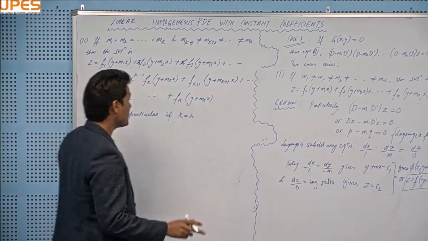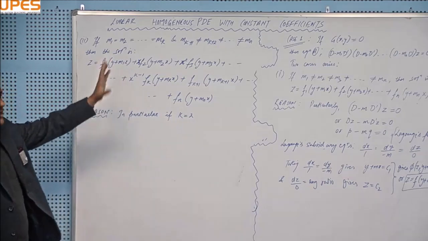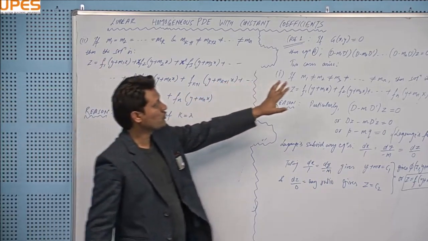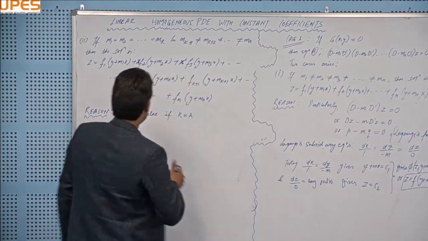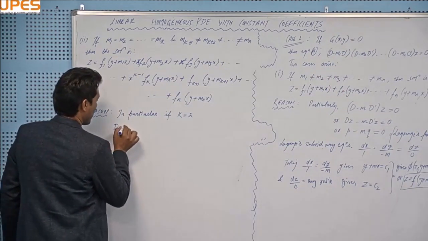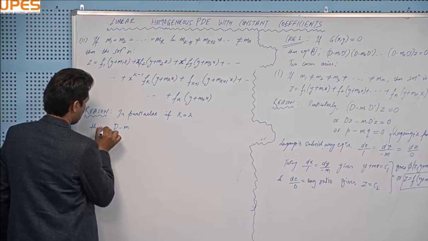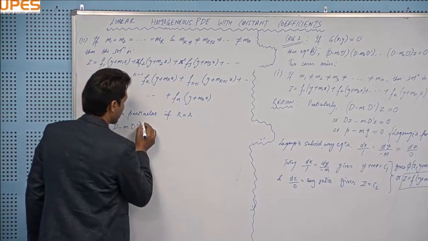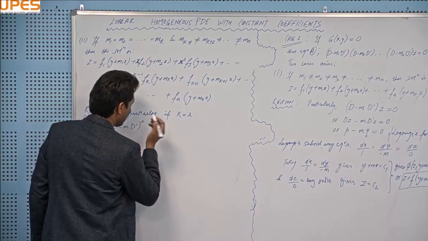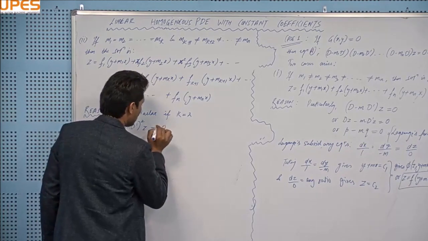Right? We are discussing the case when only two factors are the same, containing the same m. If k equals 2, then (D − mD')(D − mD') z = 0, or I could write it as (D − mD')² z = 0.